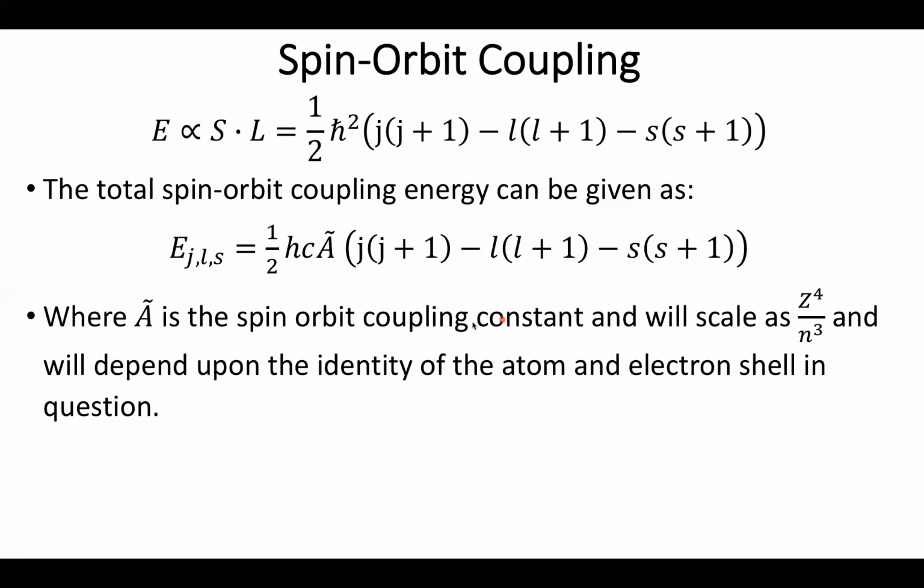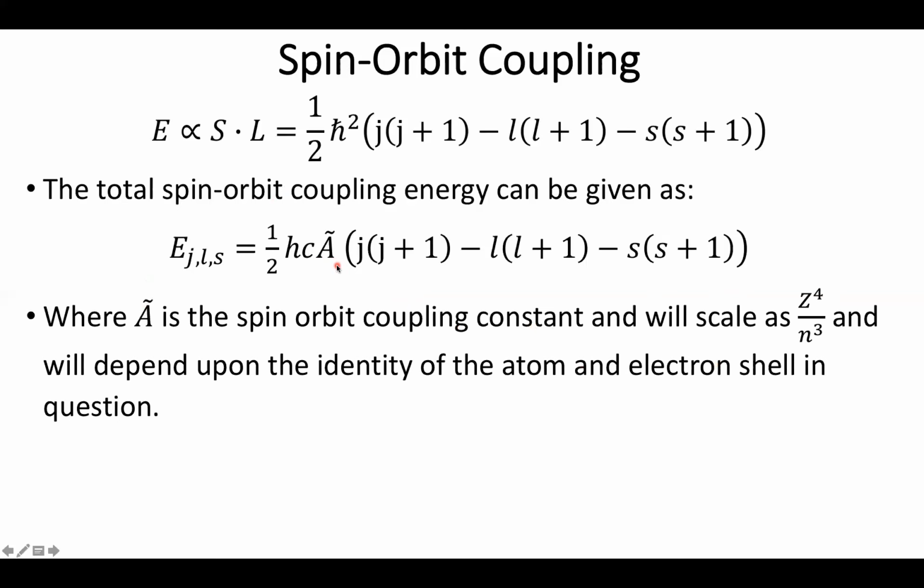And the closer in an electron is to the nucleus, essentially the faster it's going to spin around the nuclei, and thus the greater magnetic field it's going to generate, and the larger the spin orbit coupling energy is going to be, whether it's positive or negative. But again, this is what's really going to be driving this coupling constant. Though for our purposes, this is something we're usually going to be trying to determine directly from spectra or will have already been provided.